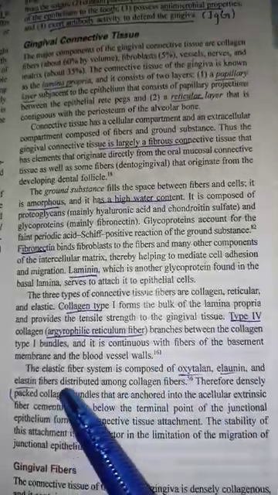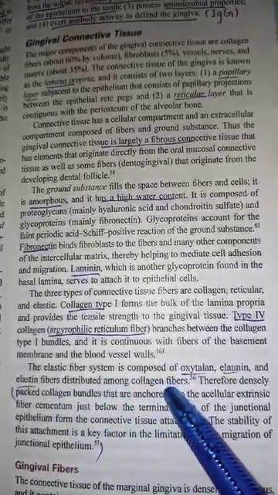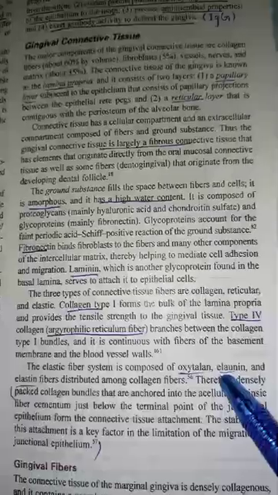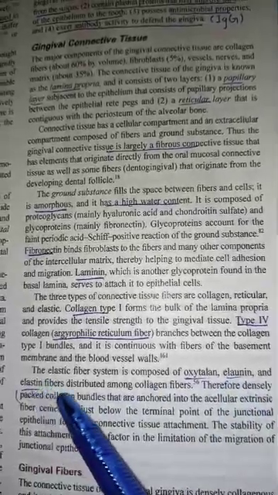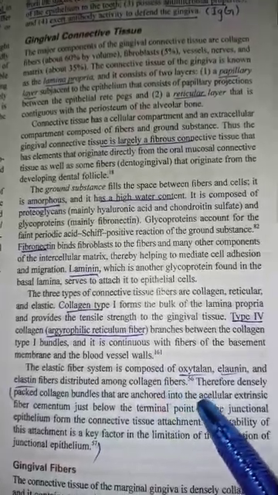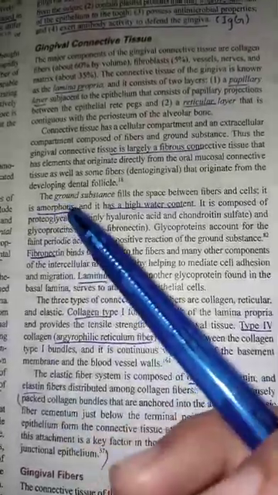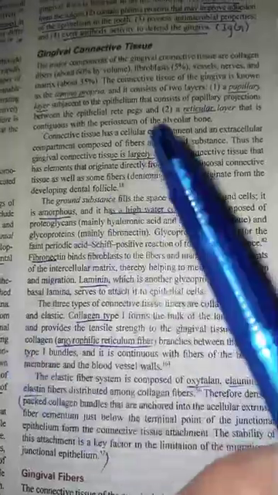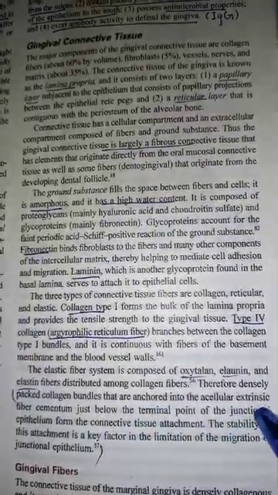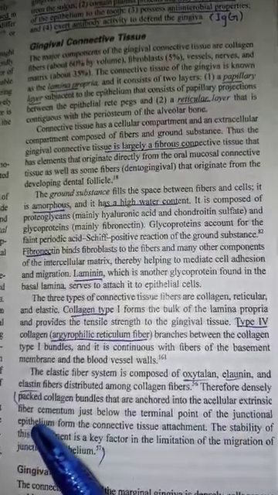Okay, then elastic fibers is actually composed of three types of fibers. It has oxytalan, elaunin, and elastin fibers, basically that is distributed among the collagen fibers. Okay, they are actually densely packed collagen bundles. Okay, they are densely packed collagen bundles that are anchored into the acellular extrinsic fiber cementum.